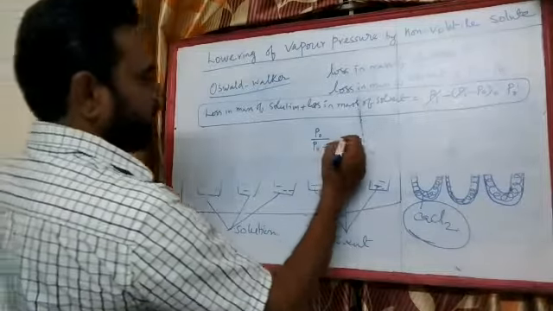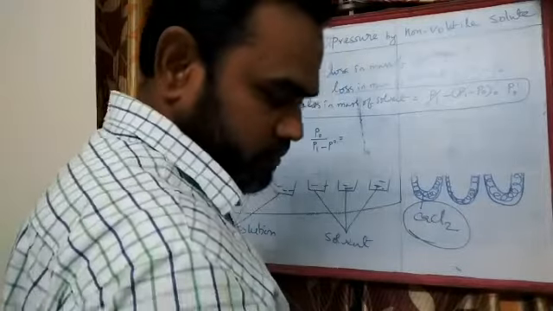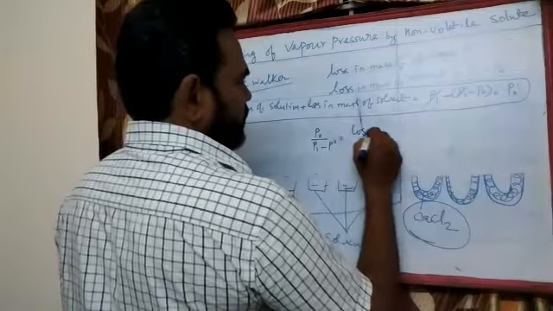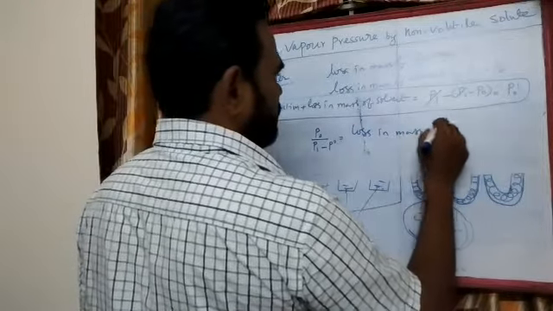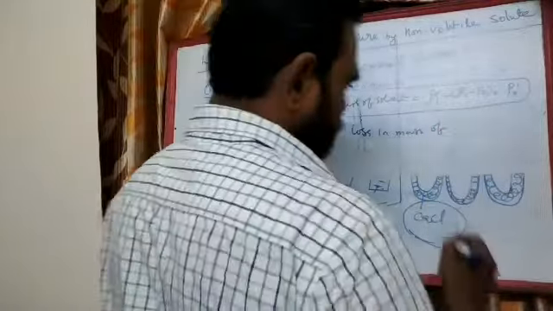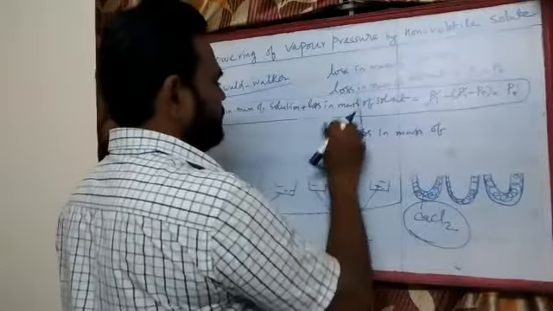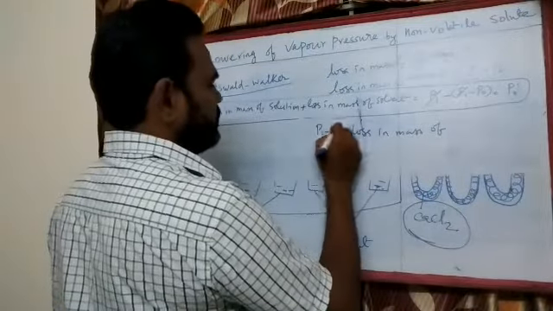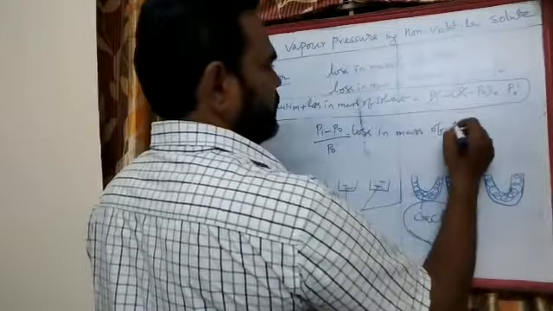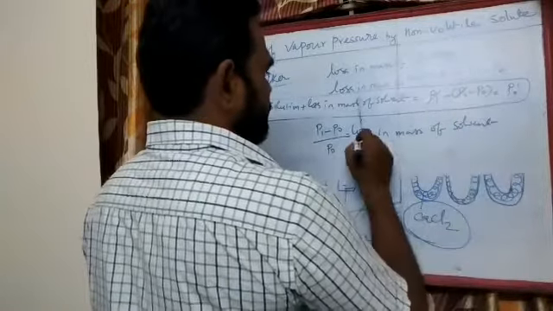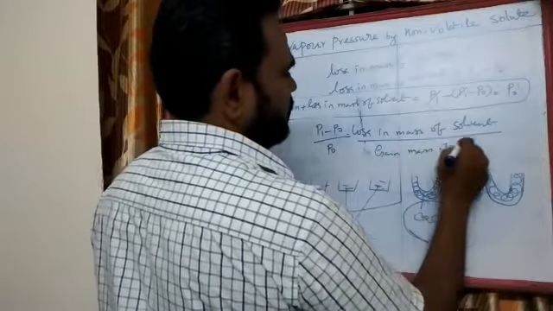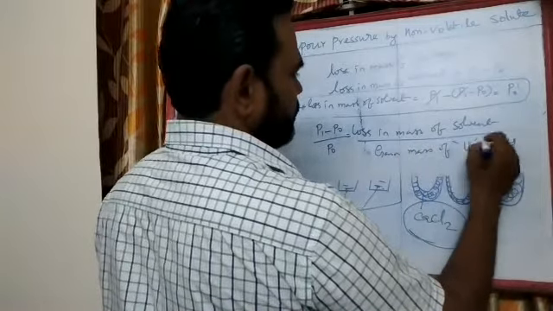So this is equal to the loss in mass of solvent, all divided by gain in mass of U tubes.